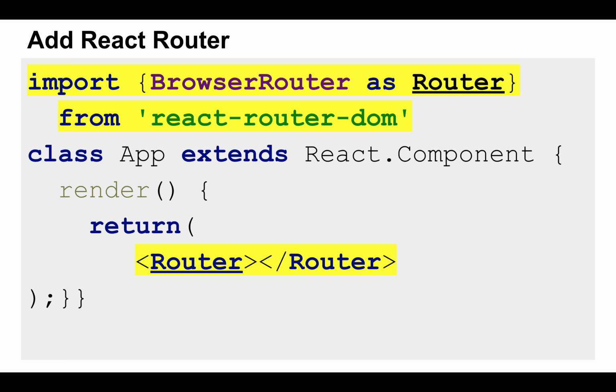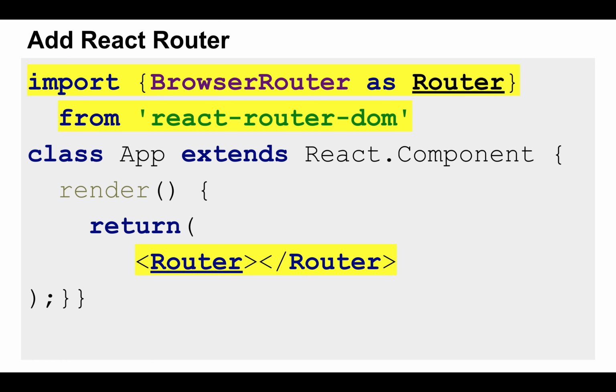There are quite a few routing libraries out there, and one of the most popular is called the React Router DOM. This library doesn't come by default. It is not part of the React library when you install React.